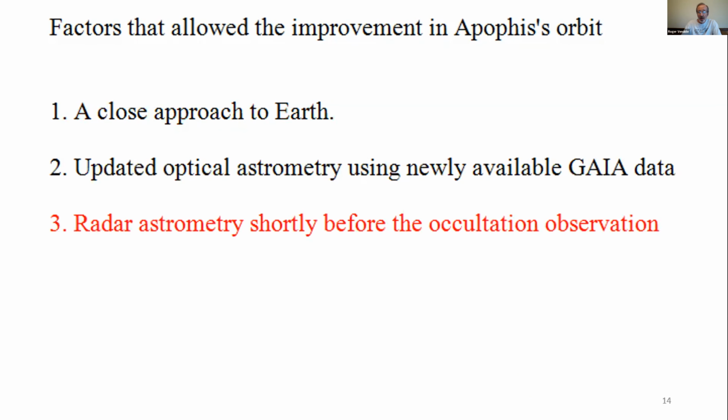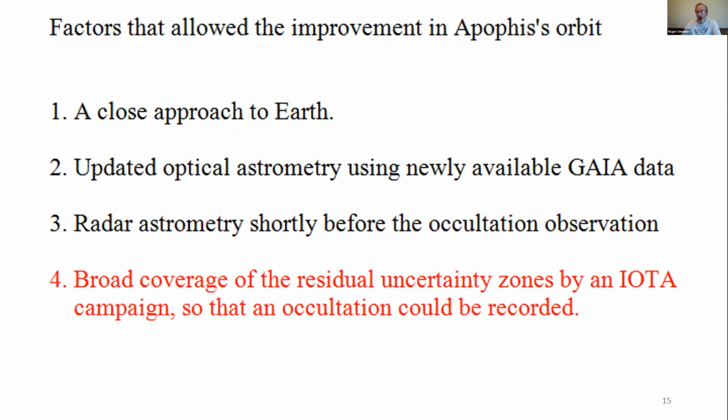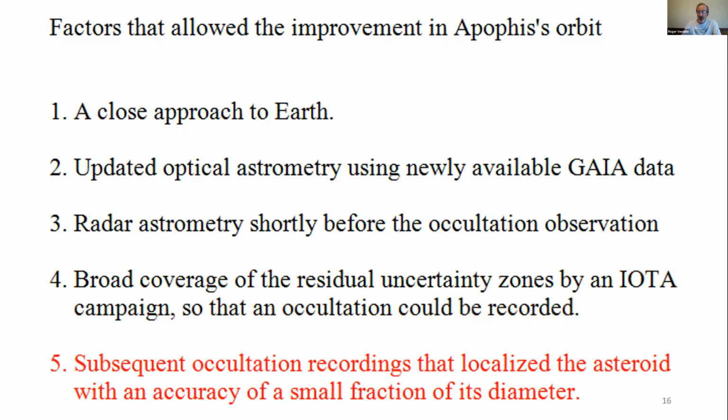Third, radar astrometry shortly before the occultation observation. Fourthly, broad coverage of the residual uncertainty zones by an IOTA campaign, so that an occultation could be recorded. And finally, subsequent occultation recordings that localize the asteroid with an accuracy of a small fraction of its diameter.